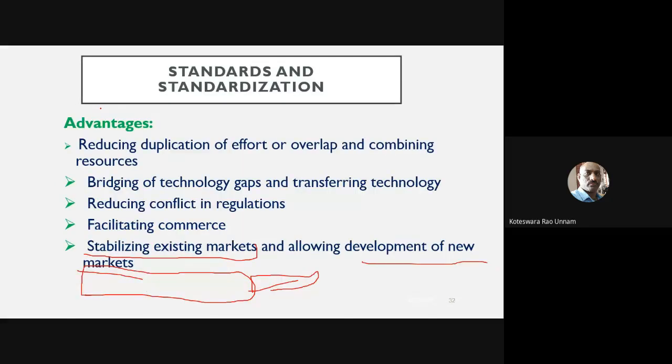Okay, so these are the advantages of standardization. If you put a component into standardization, not only that, suppose the standards are there, while designing, any designer first has to keep these standard sizes in mind, and only then design. In the previous slides, we talked about the various factors the designer has to consider while designing a machine component.